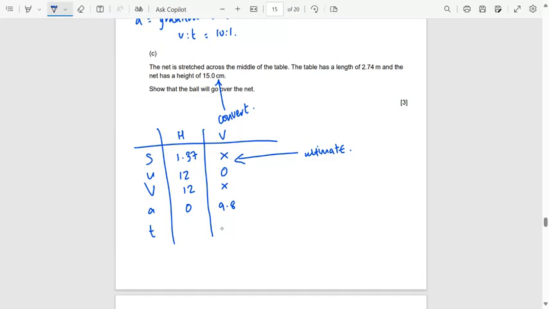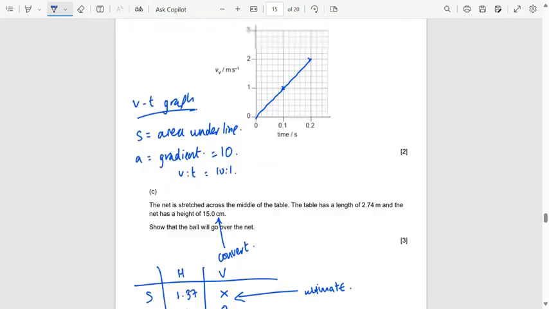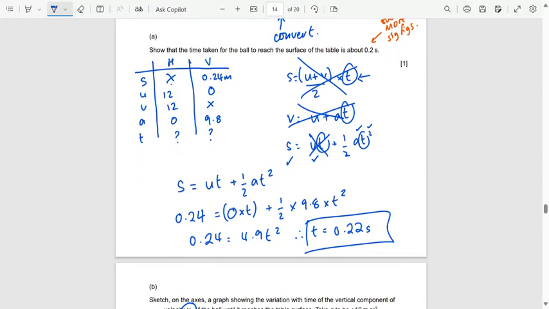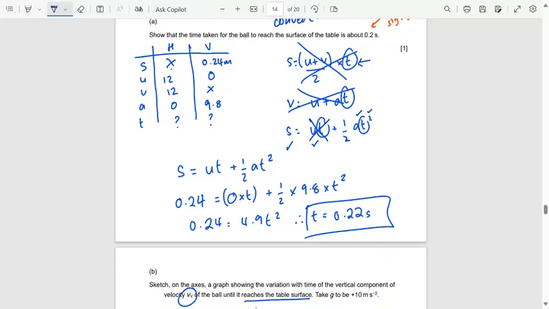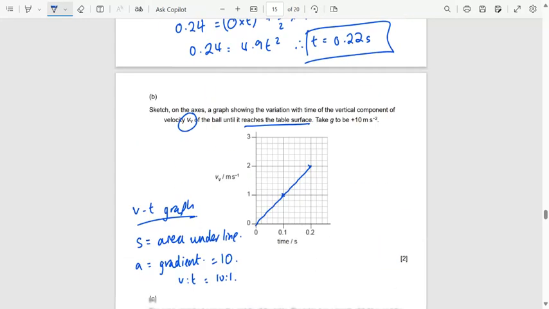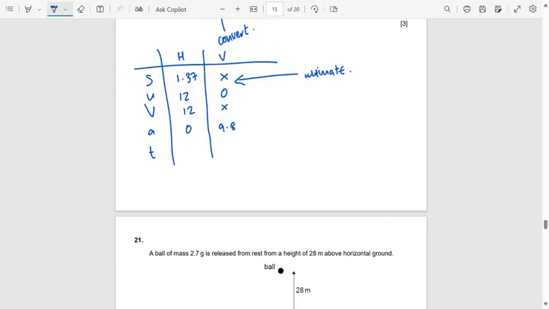If we go back to our kinematics equations, for every single one of these, if we're trying to find the height, we need to have the time. So we can't find it through here. Step 1, find the time horizontally, knowing that that's going to be the same, and then step 2 is to find the distance.